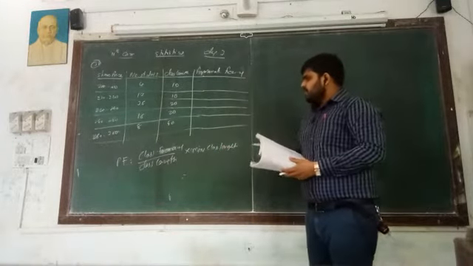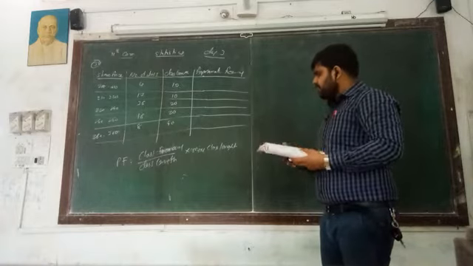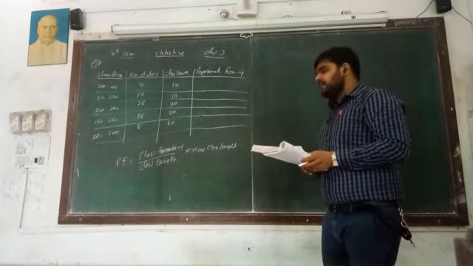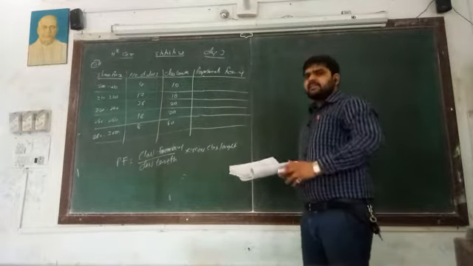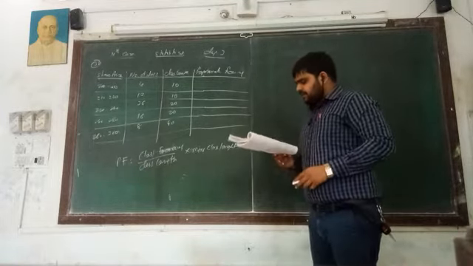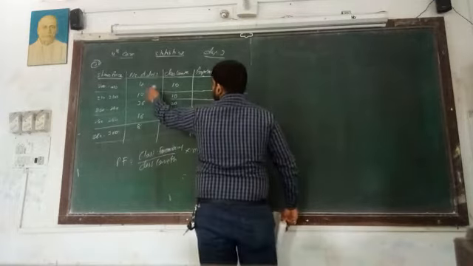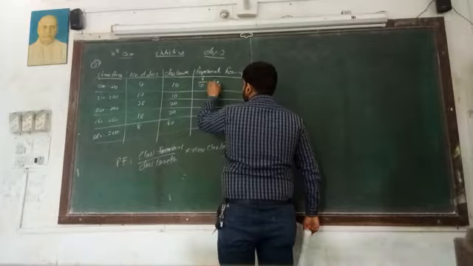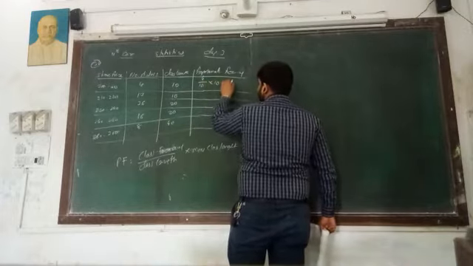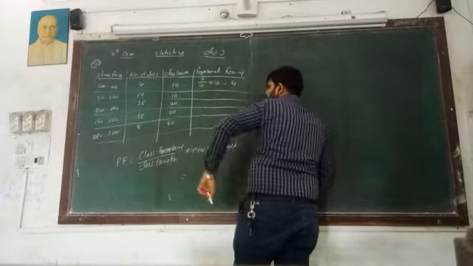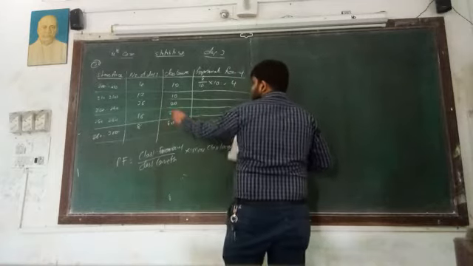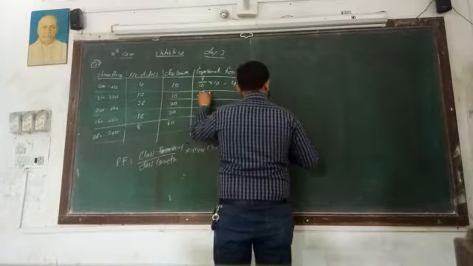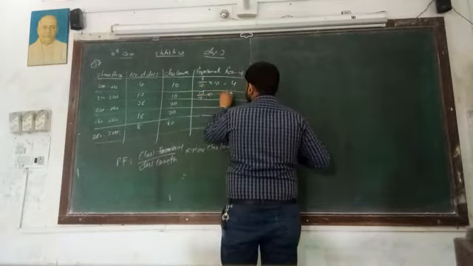Again, the proportionate frequency is class frequency divided by class length multiplied by minimum class length. So for the first, frequency 4 divided by 4 multiplied by 10, the answer is 4. For the second, frequency is 13, 13 divided by 10 multiplied by 10, that is 13.